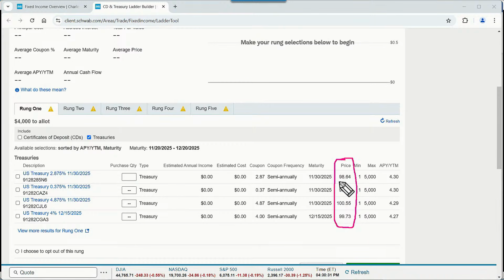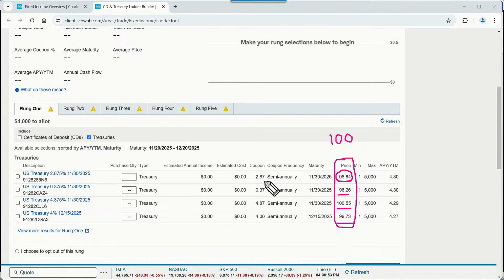These may be cheaper or more than par value. Par is going to be 100. So this would be purchased at what we call a discount to par. It's cheaper, and the reason it may be cheaper is that the interest rate isn't as good as the prevailing rate.